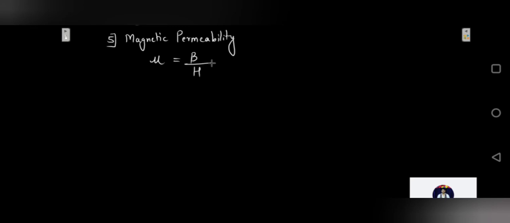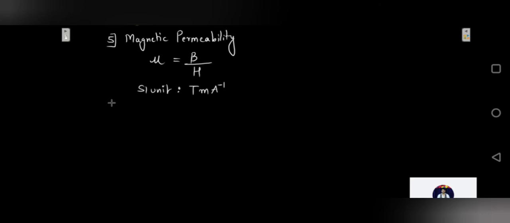SI unit would be what? Magnetic field is given by Tesla and H is given by ampere per meter. So SI unit of magnetic permeability would be Tesla meter per ampere.